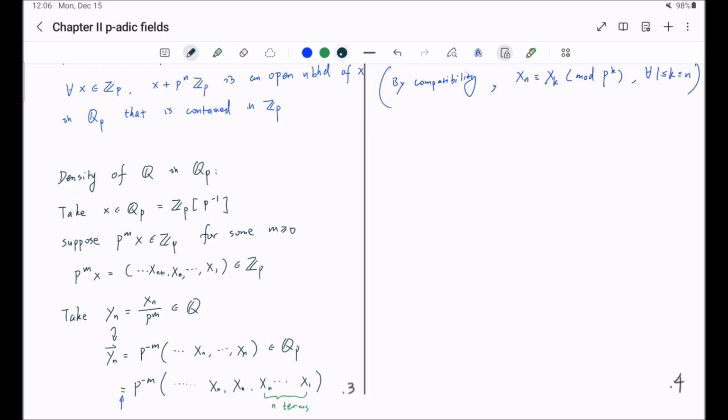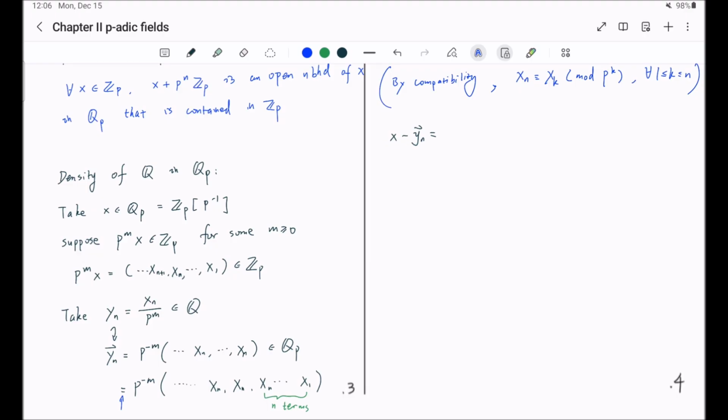Now let us take the difference between x and y_n arrow. x is equal to p to the negative m times this infinite vector. So comparing x with y_n arrow, what do you get?